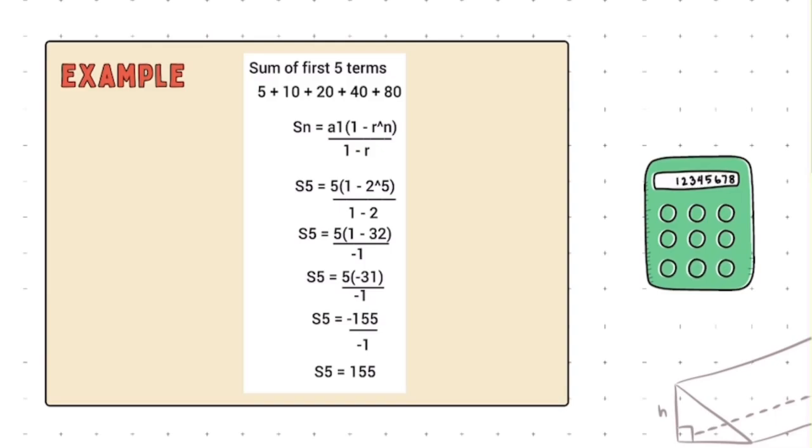So S of 5 is equal to 5 times the quantity 1 minus 32, all over negative 1, because 1 minus 2 is negative 1. S of 5 is equal to 5 times negative 31 over negative 1.